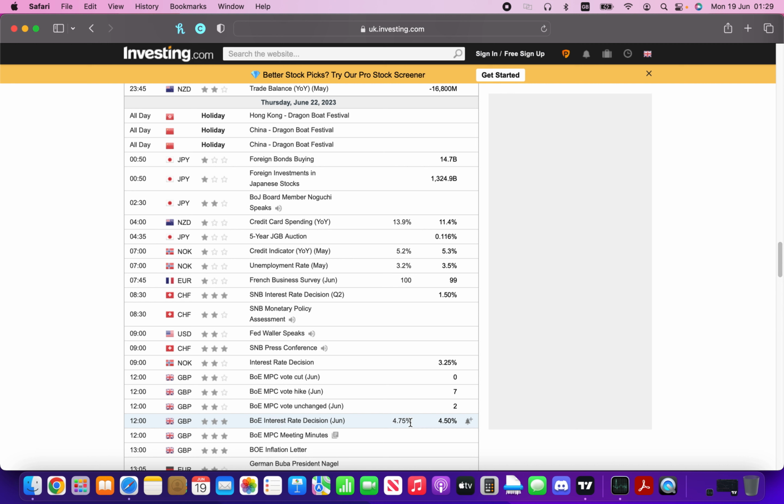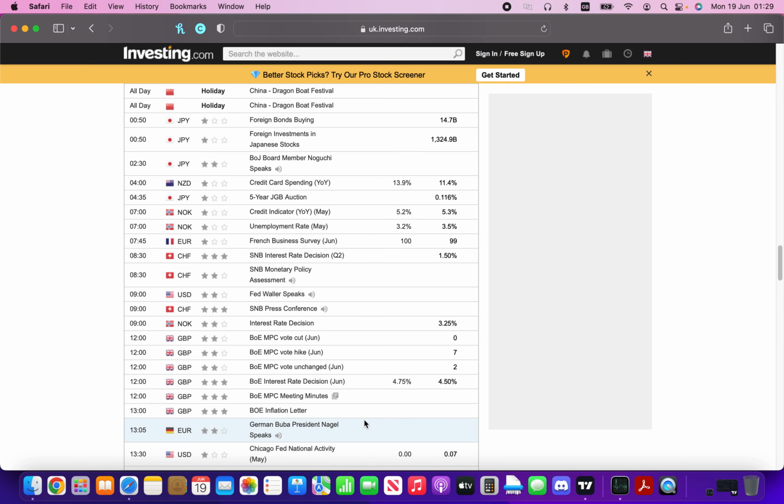If the inflation data is high, I expect the pump to continue because it'll put more pressure on the Bank of England to increase rates, obviously on Thursday, but then also next month as well, and perhaps even a higher interest rate increase. If they increase by 0.5, then expect a massive pump. If they hold and do not increase, then expect a decrease in the pound level.